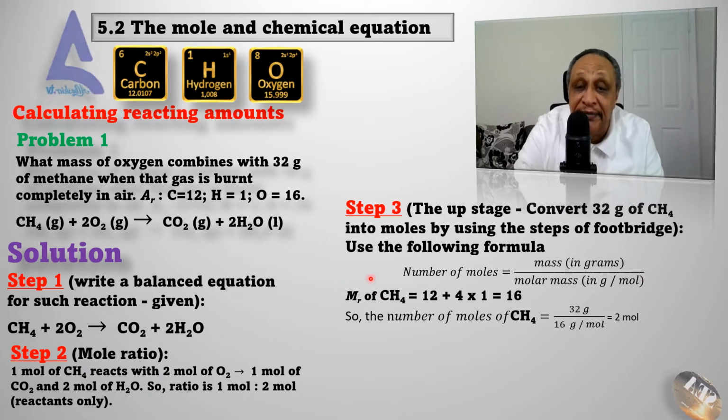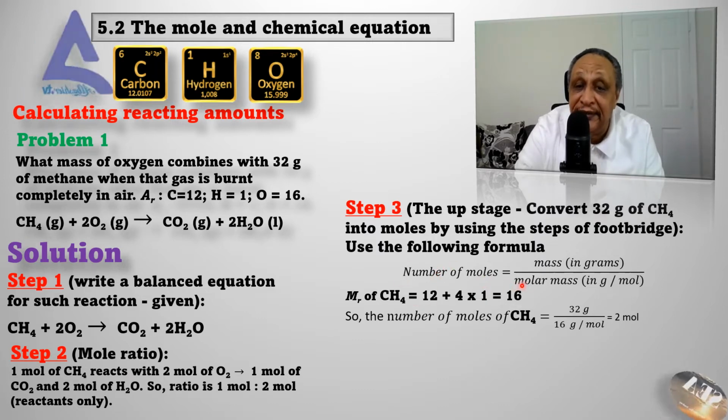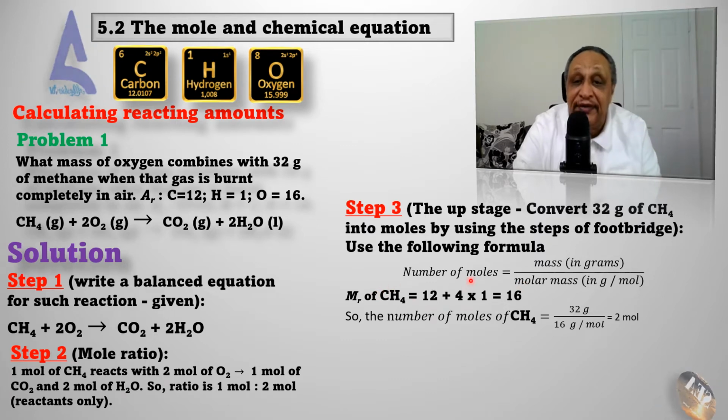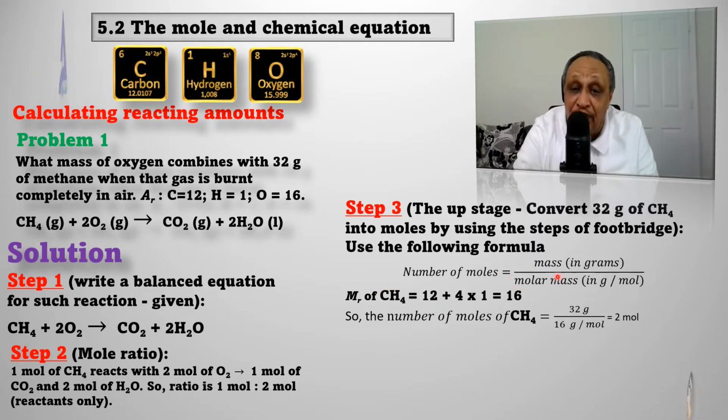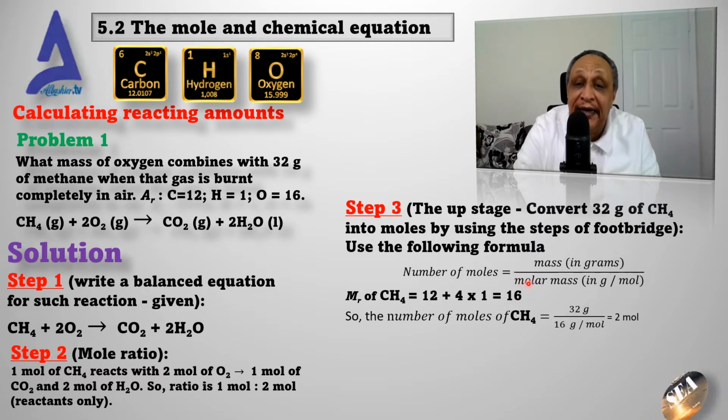Now the relative molecular mass of methane is 16, which comes from carbon, 12, and 4 hydrogen, where 1 is the atomic mass of hydrogen. When I add these together, it gives me 16. So each mole of methane contains 16 grams, that is the molar mass.